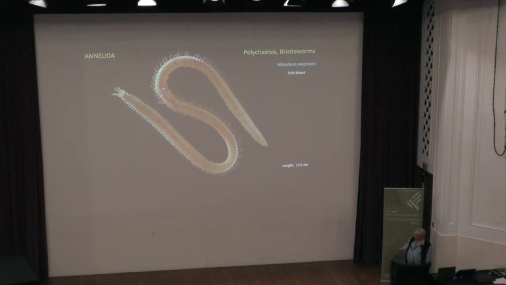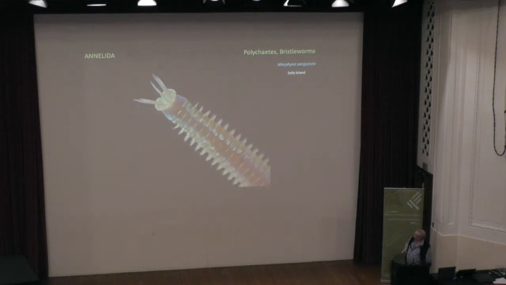I think it's kind of puzzled with what's happened. And that's its head region. You can see it has antennae here. The 2 lower ones are called palps. But they're all sensory structures. So it's got a very attractive greenish iridescent skin.